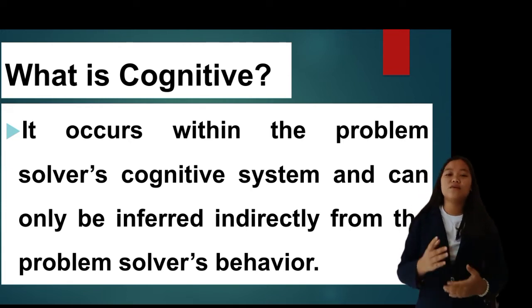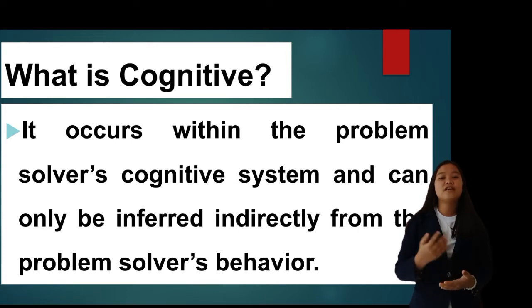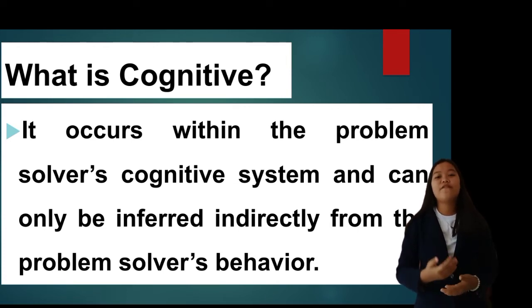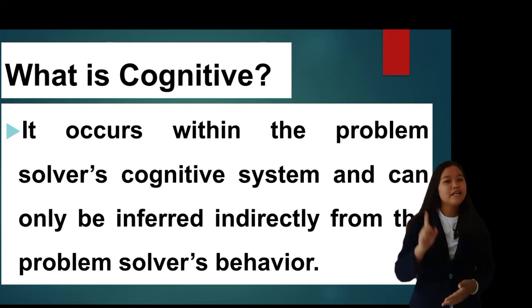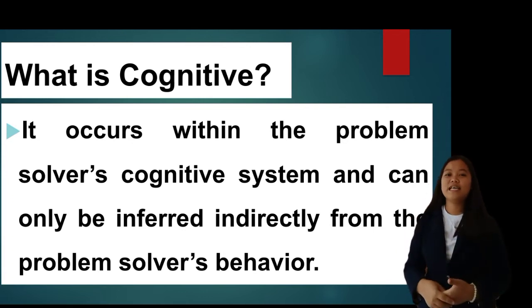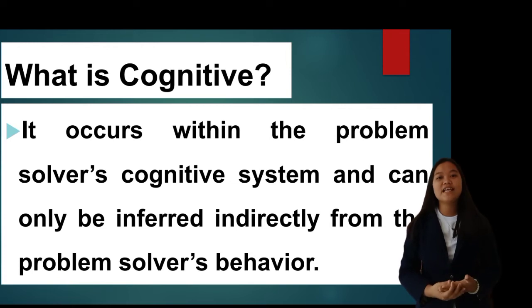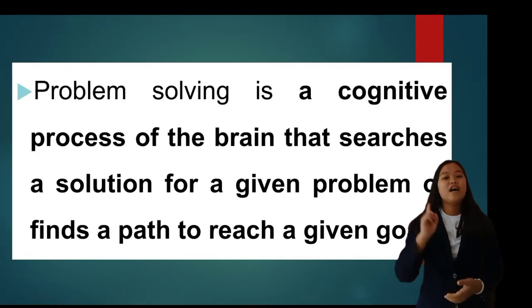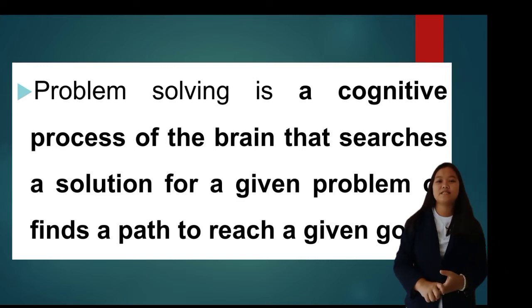Problem solving is a cognitive process of the brain that searches a solution for a given problem or finds a path to reach a given goal. The ability to solve problems requires mental development, in which we need to think, communicate, and make actions, and various strategies for solving problems have been identified.